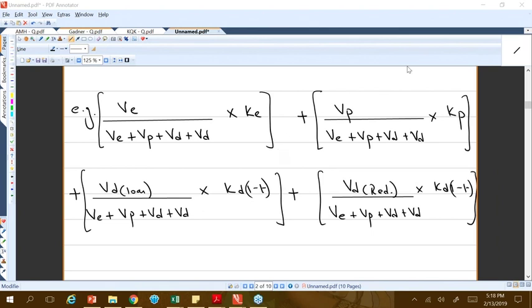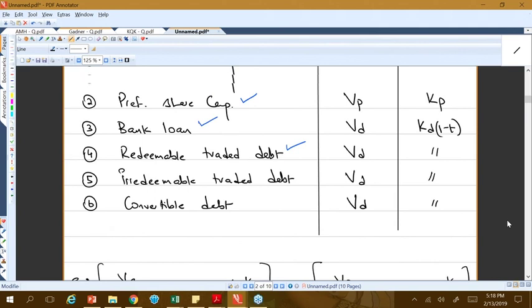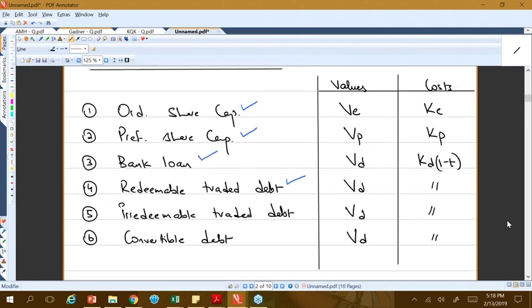Now, what we are going to do is look at ways in which we can compute all these values, which will give us the proportions of these capitals. And then we will look at ways in which we can compute the costs for these sources of finance. So we'll look at ways to calculate the values and ways to work out the costs.